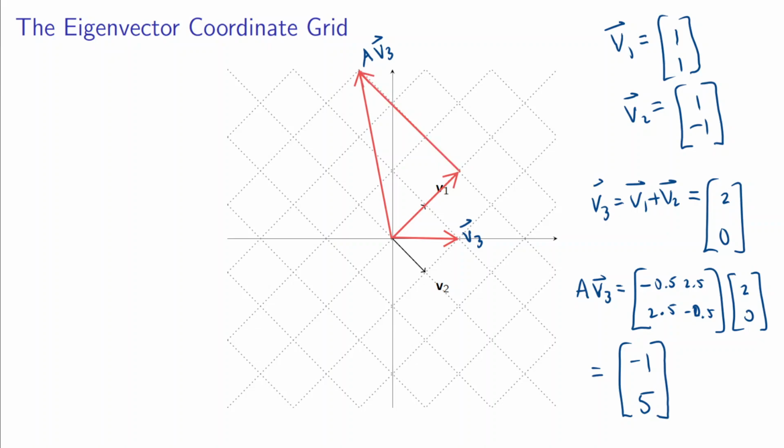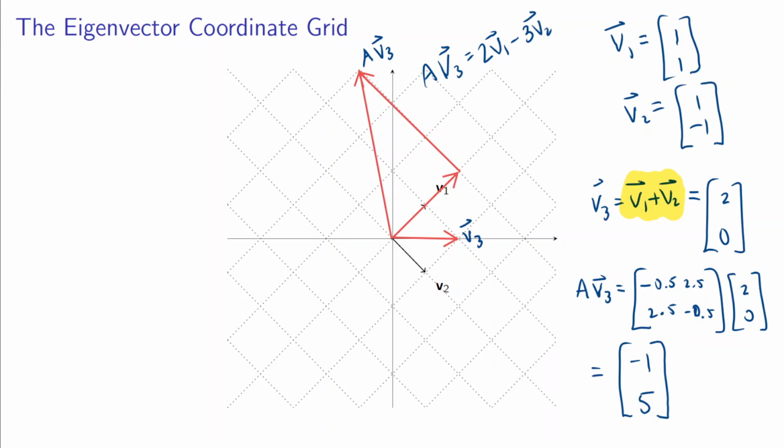So in this picture, Av3 is 2v1 minus 3v2. We started with a vector that was just the sum of v1 and v2, and when we transformed it, we got a vector that was the sum of twice v1 and negative 3v2.